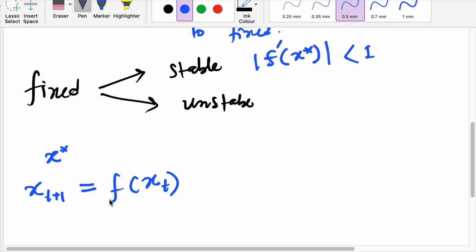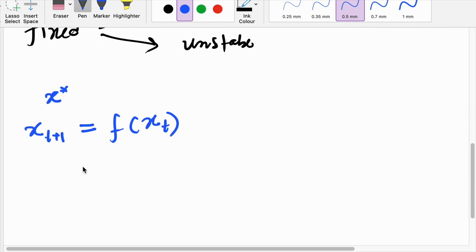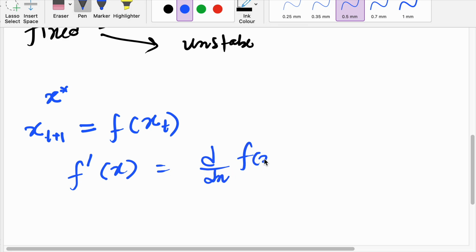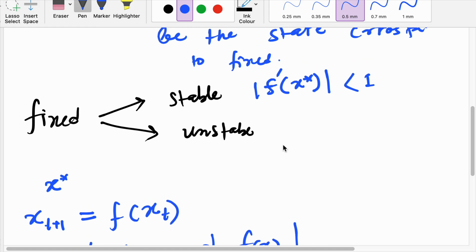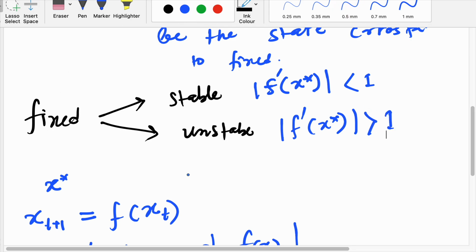That means if I differentiate this function, f prime x means d dx of f of x, and if I put the value of x star, we get f prime x star. And if f prime x star is greater than 1, then we call the fixed point unstable.